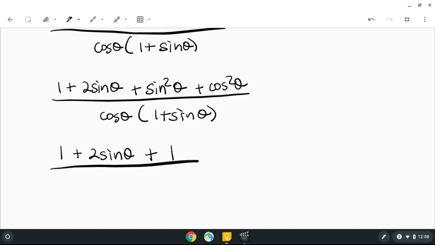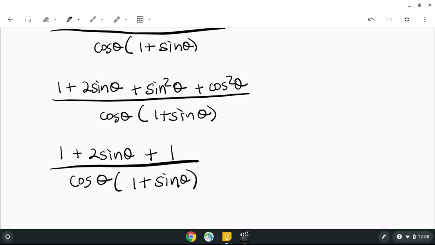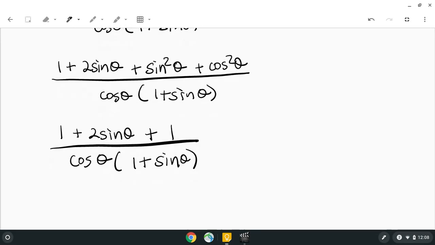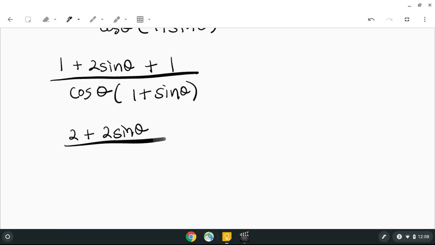And then I'm going to have cosine theta times 1 plus sine theta. 1 plus 1 is 2. So I get 2 plus 2 sine theta over cosine theta, 1 plus sine theta.